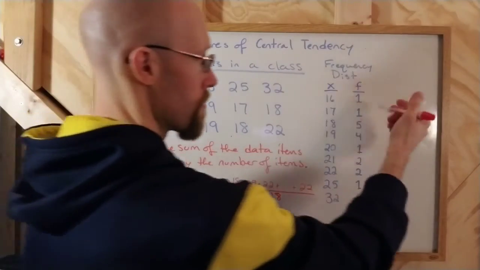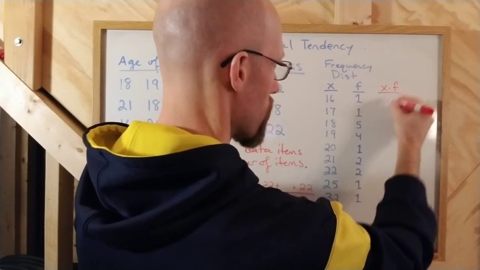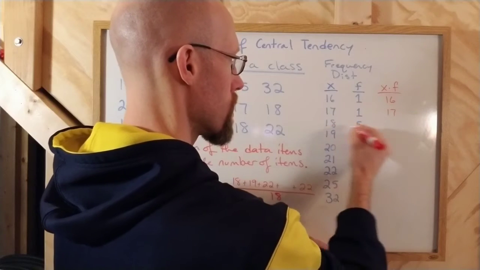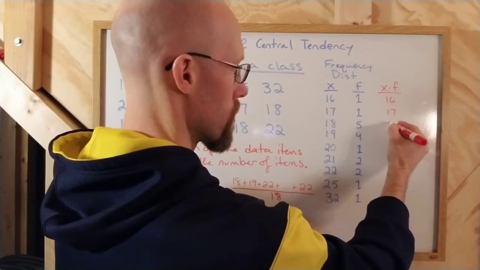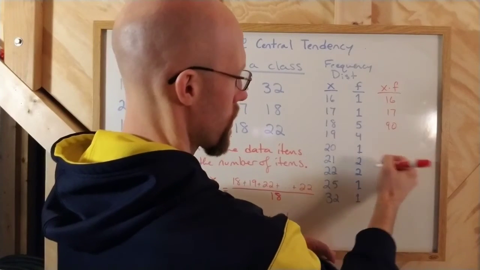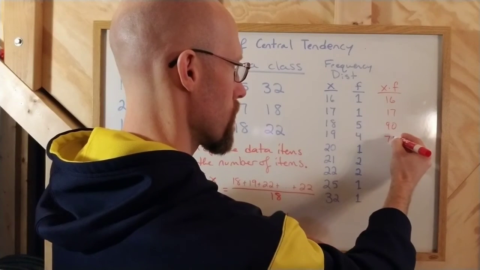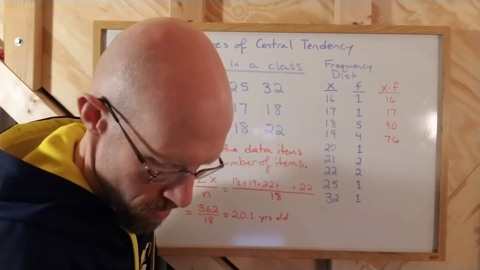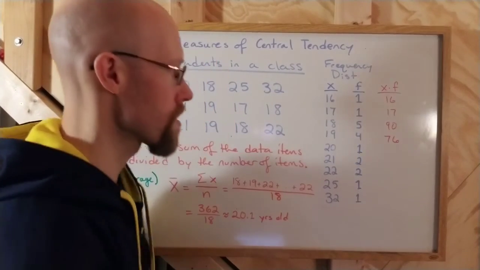So it's x times f. 16 times 1 is 16. 17 times 1 is 17. 18 times 5 is 90. 19 times 4 is 76.